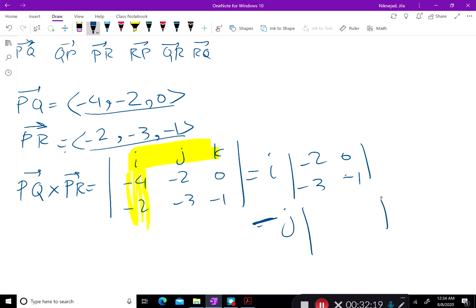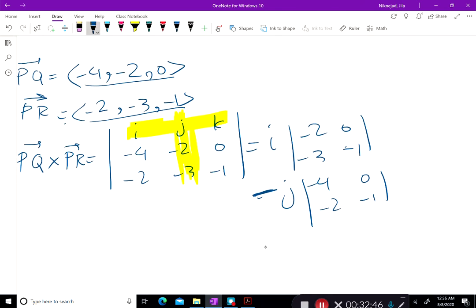Then I eliminate the row and the column that J is at, and what is left is -4, 0, -2, and -1.